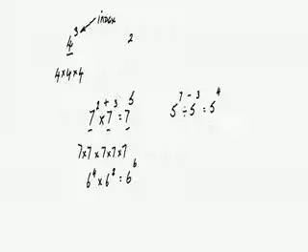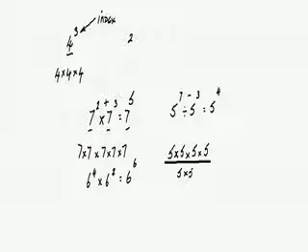Okay, the reason that it's like this is if I've got, let's say, 5 times 5 times 5 times 5 divided by 5 times 5.